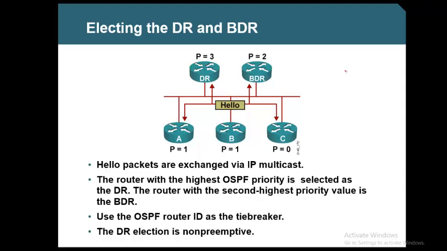If you put 0, as shown on router C, that router will not participate in the election. Even if it has a bigger router ID, no use, because it is not going to participate in the election. Any router with priority 0 is not eligible to be a runner in the election.